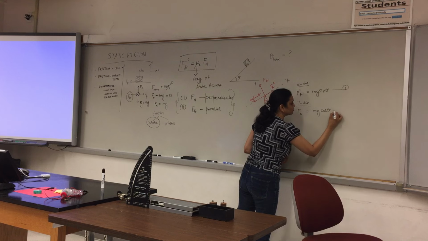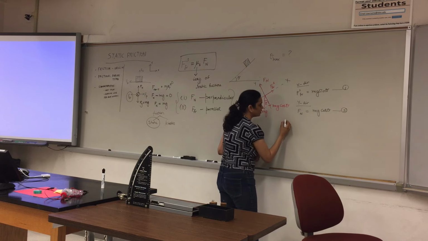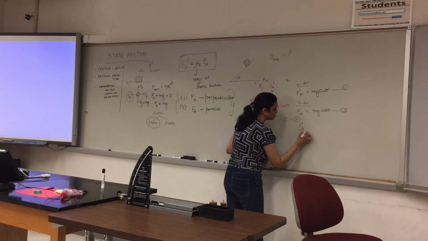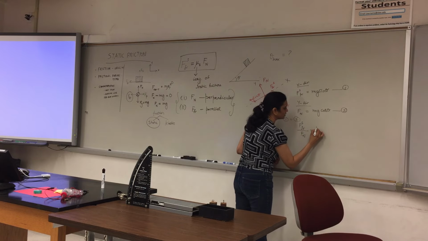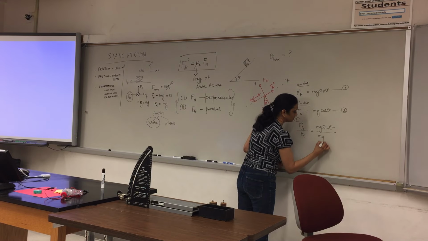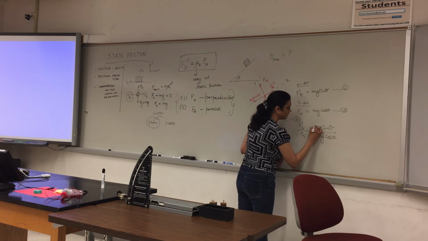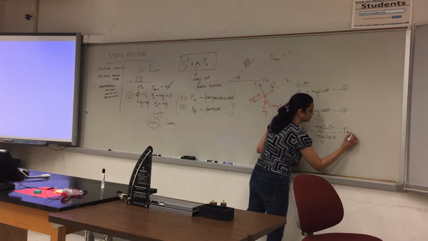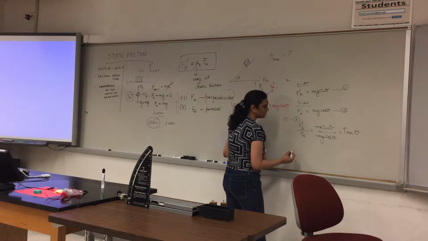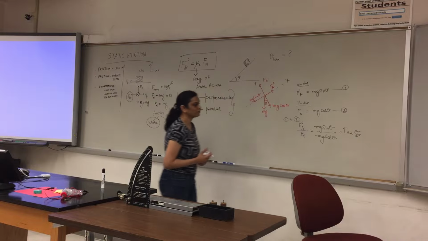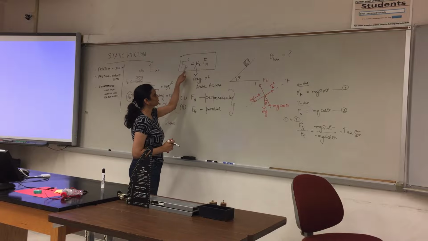Now if I divide one by the other, I have the static friction force over the normal force equal to mg sine theta over mg cos theta. mg gets cancelled out, so this is tan theta. And if I want to find out the value of theta, then I need to know the ratio of static friction force and the normal force.